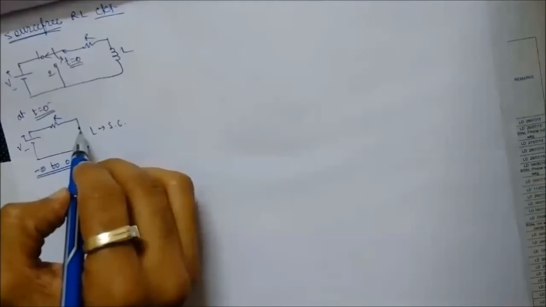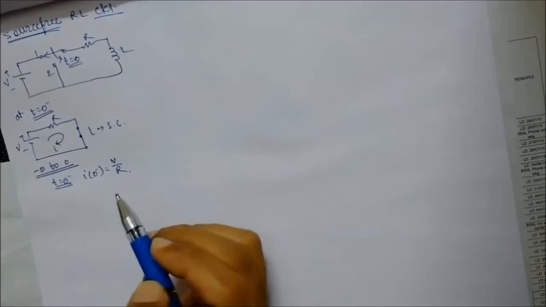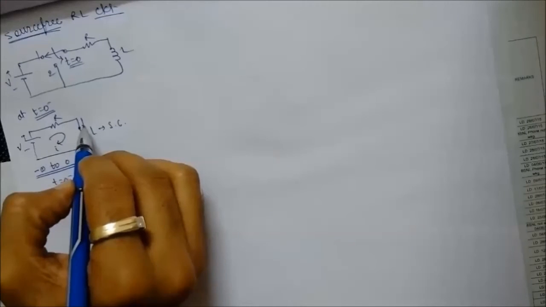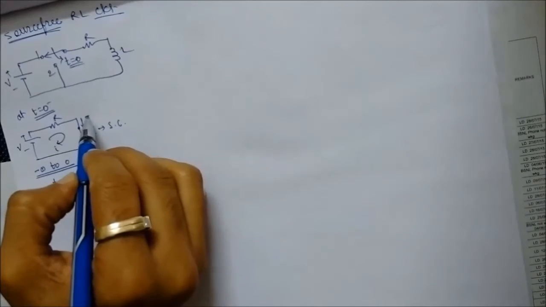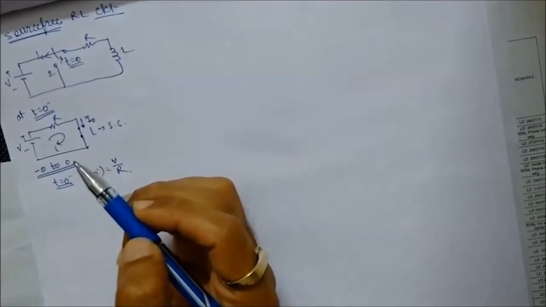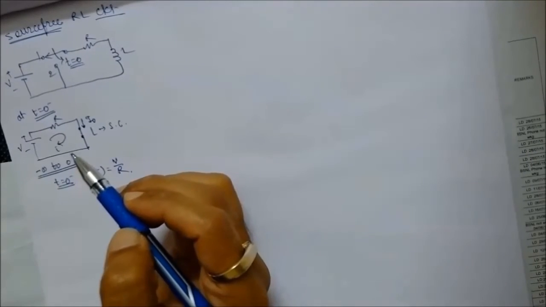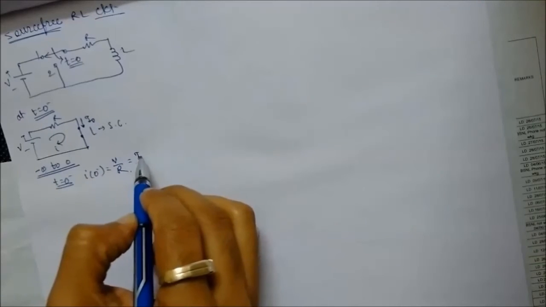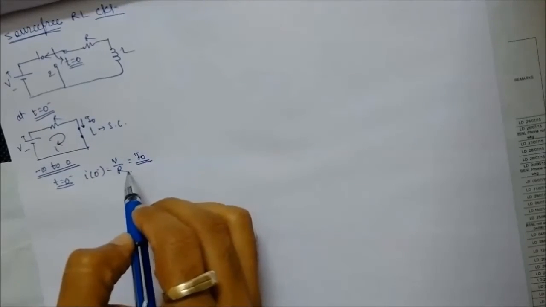So the inductor will act as a short circuit, and the current flowing through the circuit at t is equal to 0 minus, that is I at 0 minus, is equal to V upon R. That means the inductor will get charged to a value I0 from minus infinity to 0, where I0 is nothing but equal to V upon R.